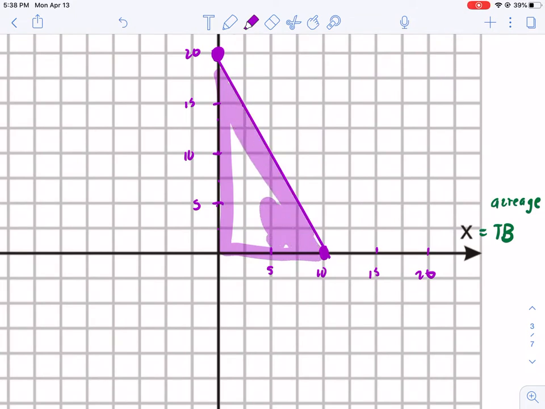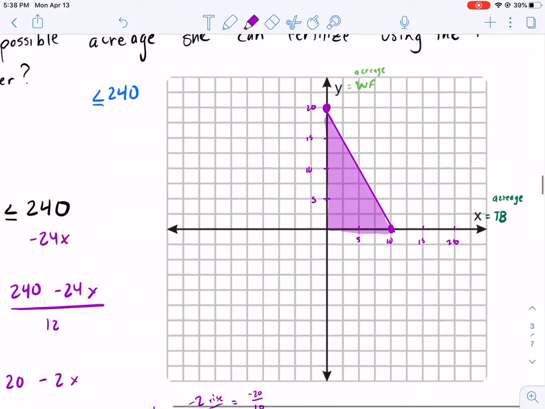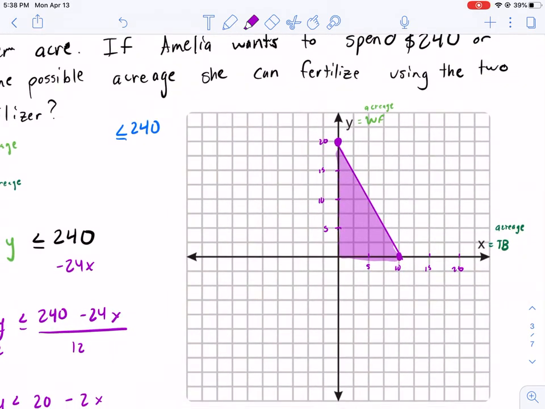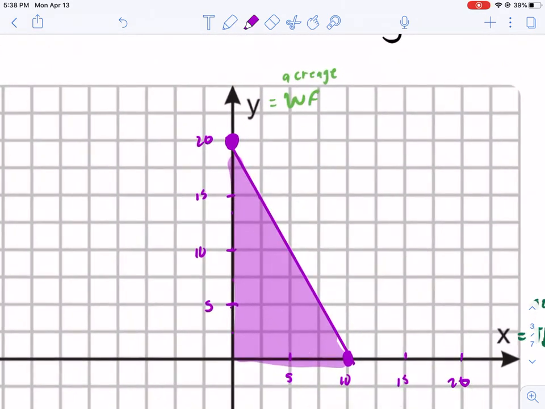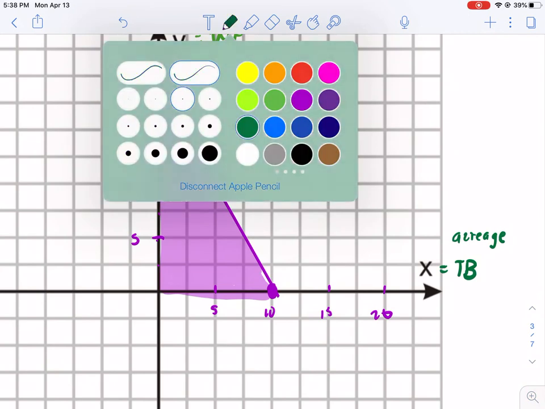And this tells me all my possible values for x and y. Okay, so then with my budget, I can get all these different mixtures. I can have acreage of these amounts for weed and feed. I can have this amount of acreage for my turf builder.